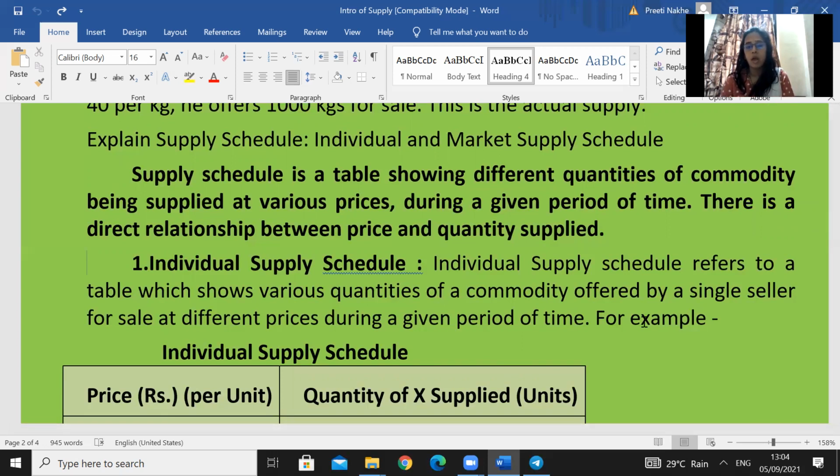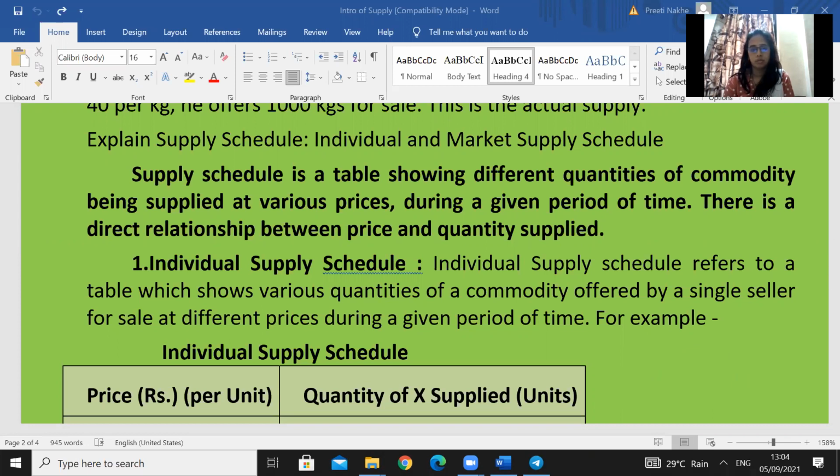Let me explain again, this relationship is very important, between price and quantity supplied. Whenever price goes up, the shopkeeper starts selling more and more commodities because he will get more profit. But whenever price goes down, he will reduce his supply.